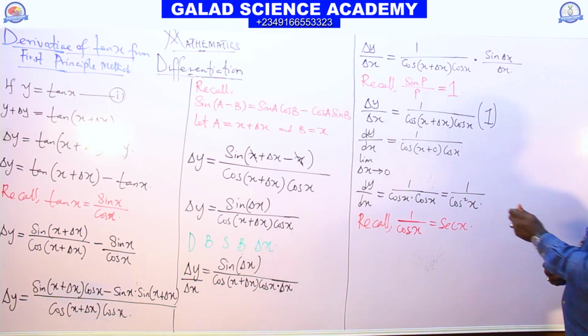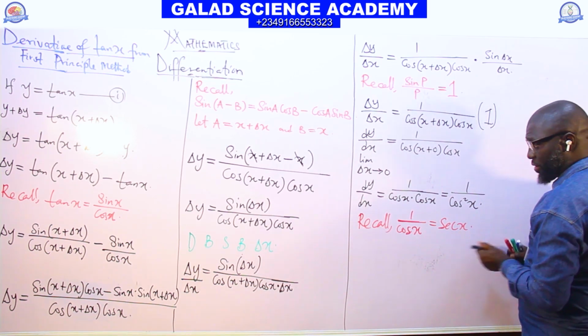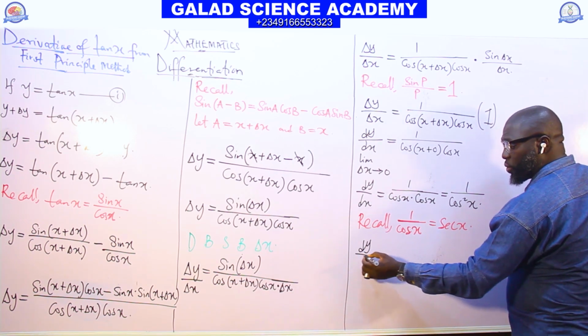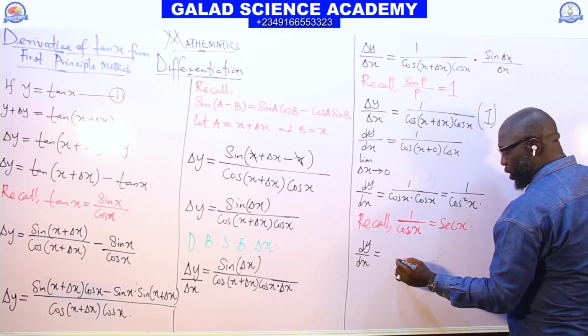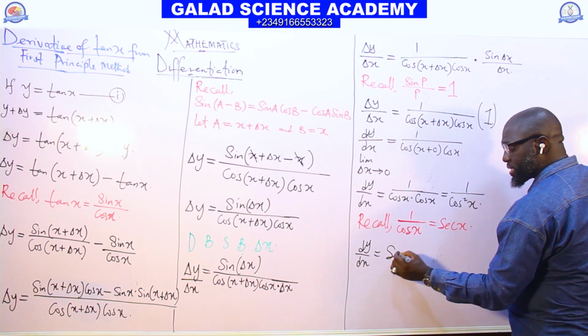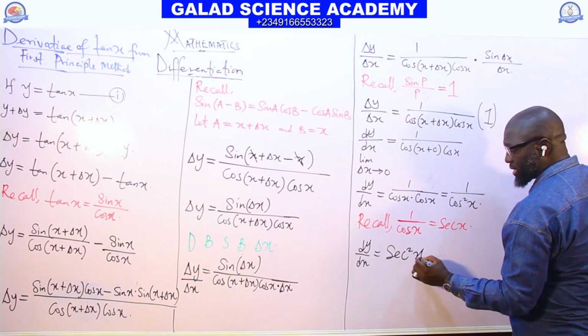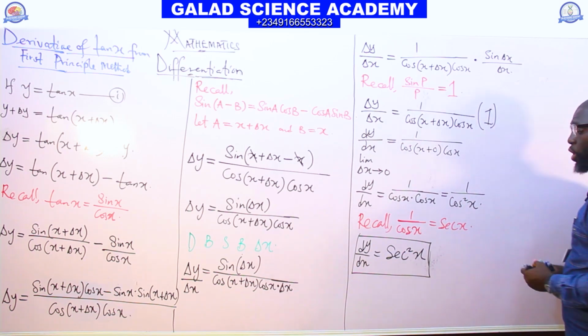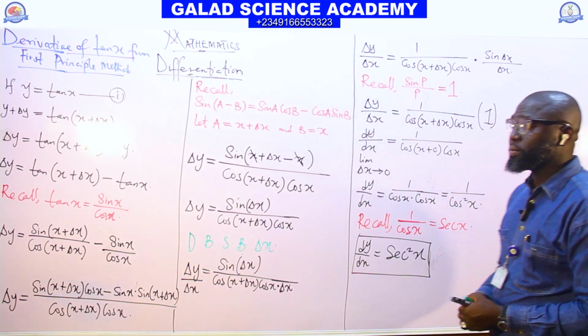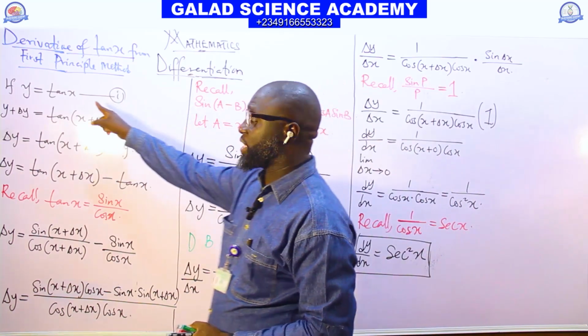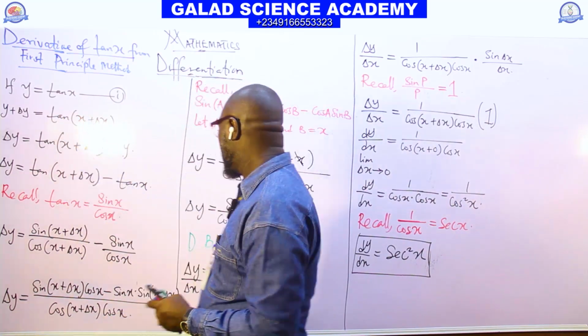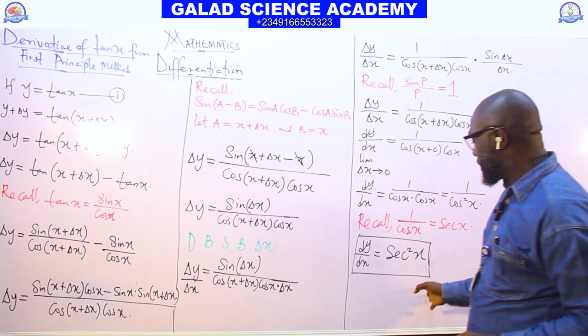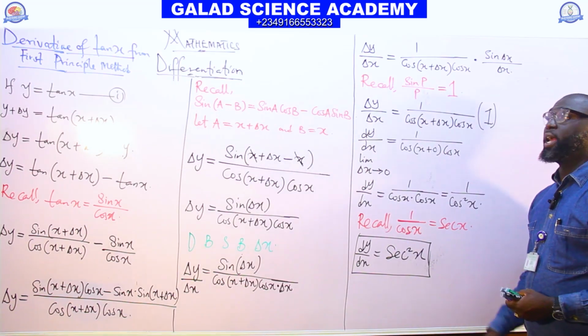Since 1 over cos is sec x, therefore we have dy dx equal to sec square x. So this is the derivative of tan x. The derivative of tan x by using first principle is sec square x.